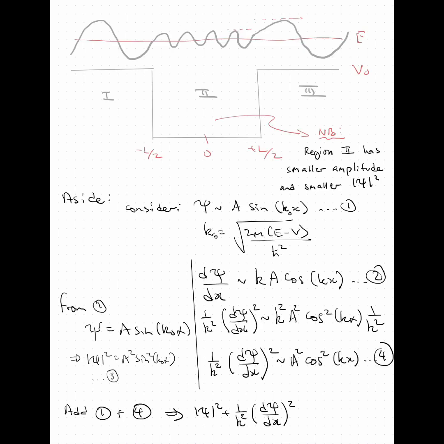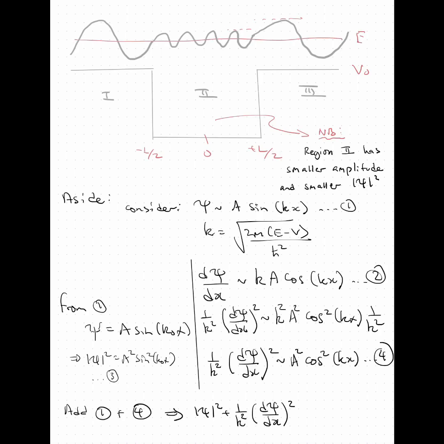Or let's actually, I don't want to write k naught everywhere, so I'll just take it off from here. And yeah, so this k, I'm redefining it to be like this, which is fine for this example. Alright, sorry about that.